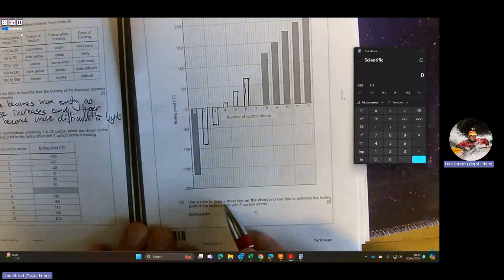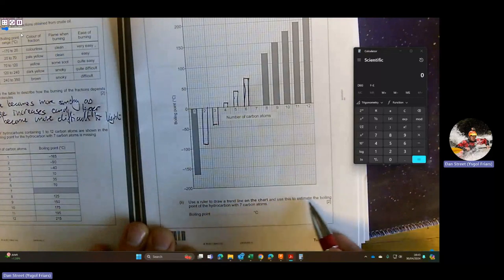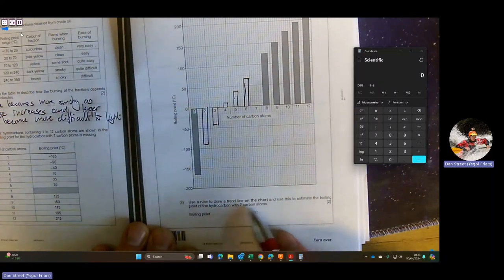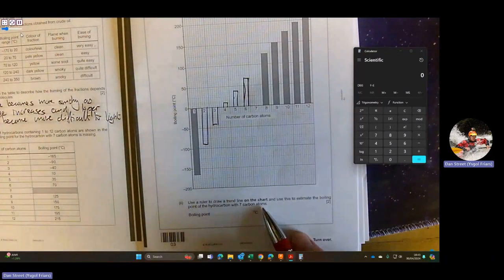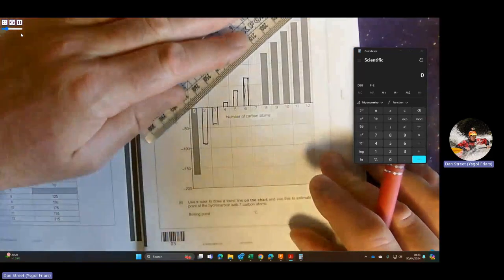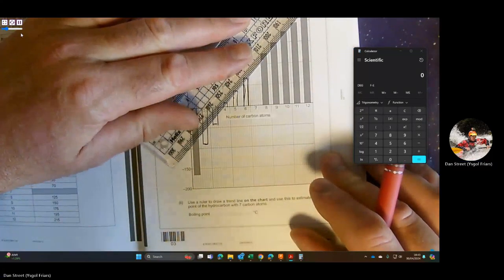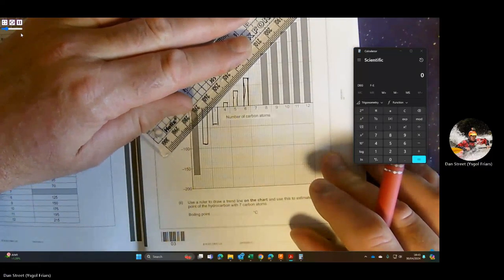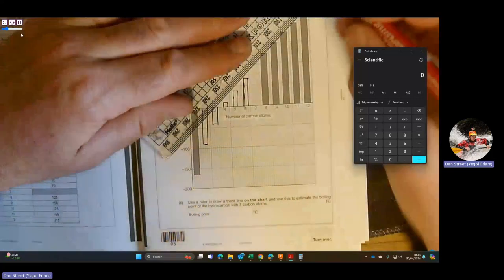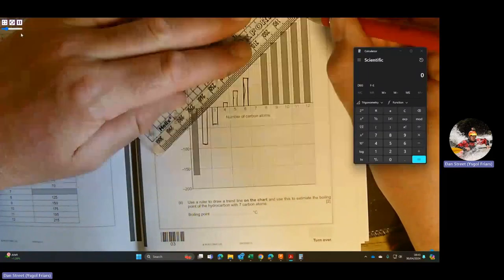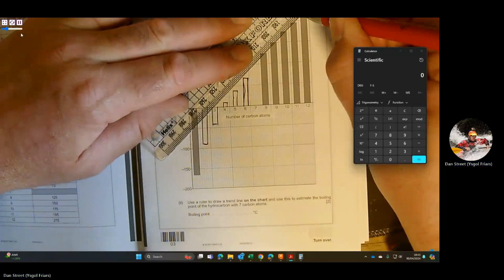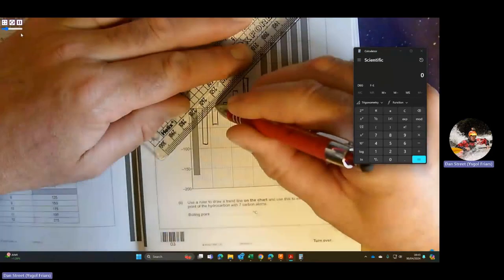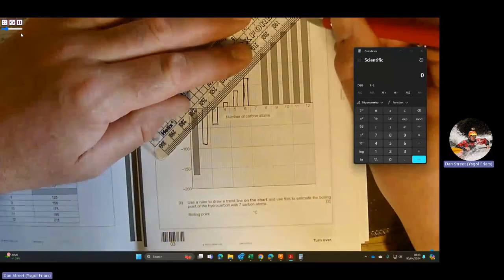It then says use a ruler to draw a trend line on the chart and use this to estimate the boiling point of the hydrocarbon with 7 carbon atoms. Not something we do very often, but drawing a trend line through the bar chart. We're trying to skim through the top of each of the bars, using the ones that are published for us.